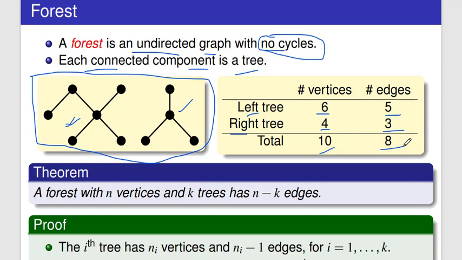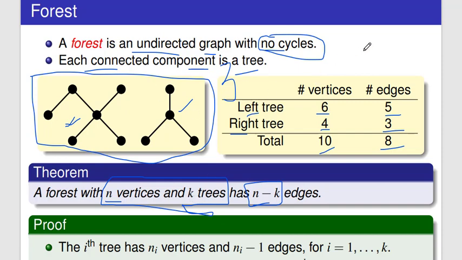Now, a forest with n vertices and k trees has n minus k edges. Why? Because for each tree, let's assume there are 3 trees.